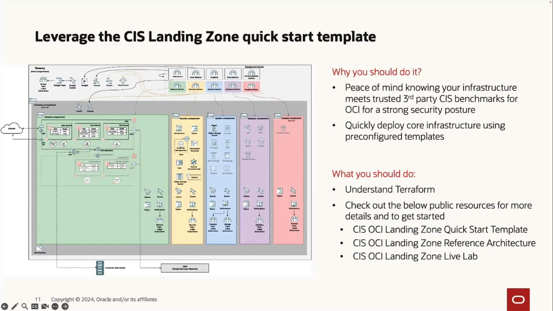When we start talking about the CIS landing zone and the architecture, what are some of the components that come with it? Well, compartments are thought out for us, and they are used to organize and isolate our resources within OCI, to make it easier to manage but also to secure access to them. We've thought about tagging, so that we can organize a set of resources based on our business needs.